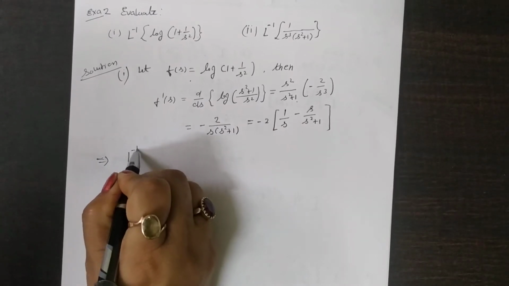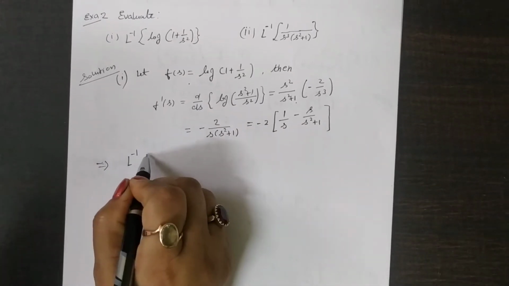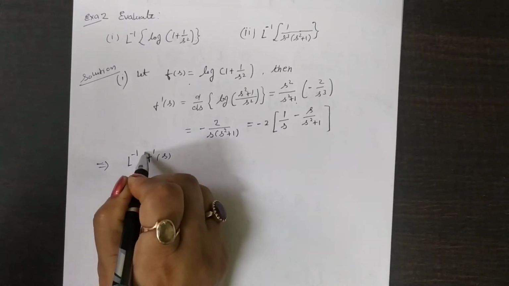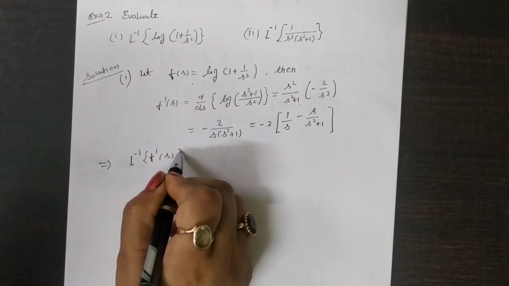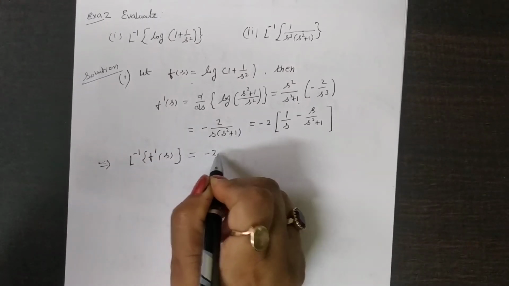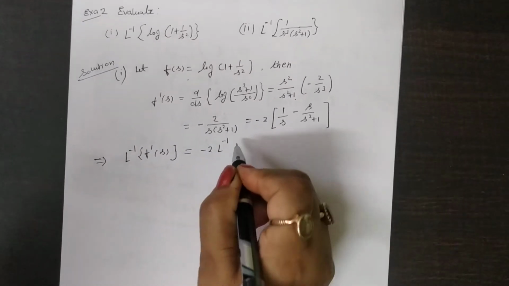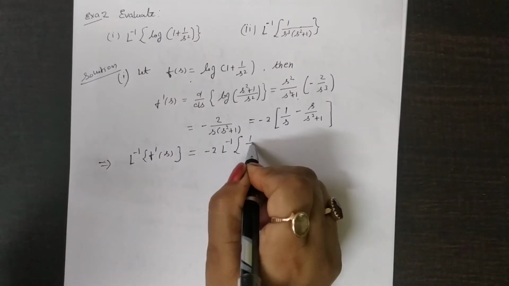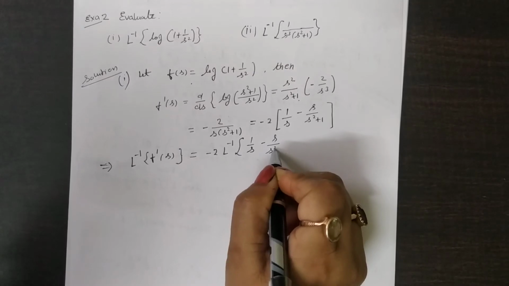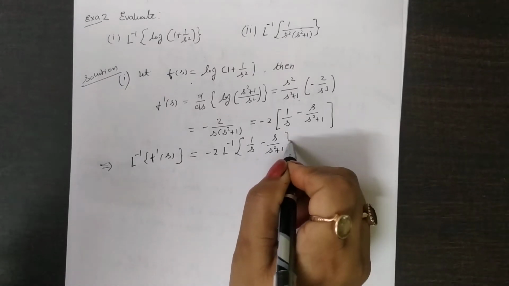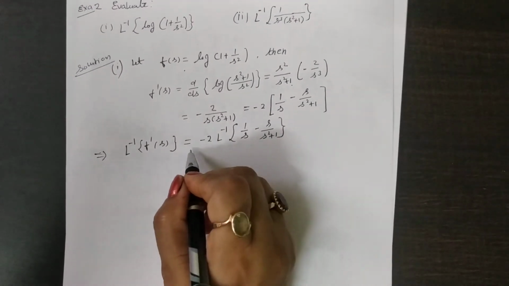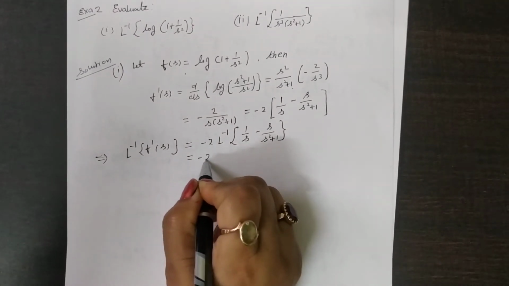This implies that on taking Laplace inverse on both sides, Laplace inverse of F'(s) is equal to minus 2 Laplace inverse of (1/s minus s/(s² + 1)).